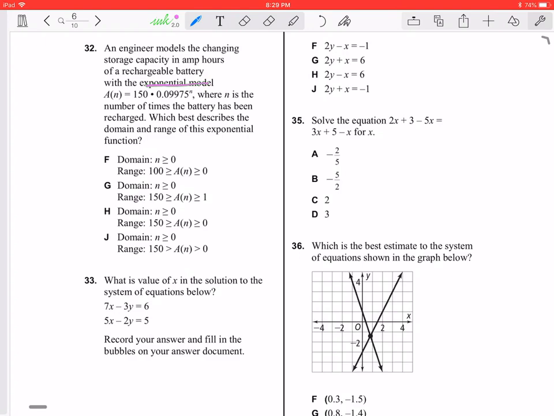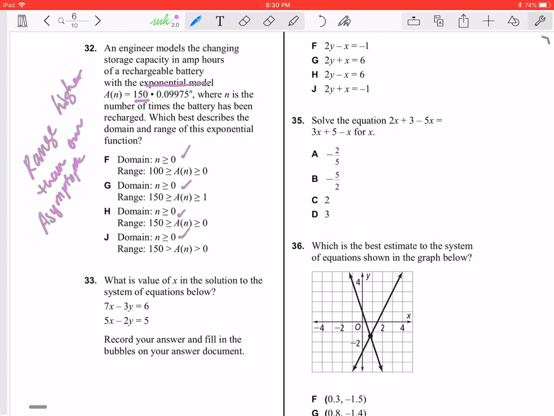our domain for all of these is going to be n is greater than 0. So we don't really have to worry about our domain. Okay? Now, for all of these, our range is going to be greater than our asymptote, remember, where the range needs to be higher than our asymptote.